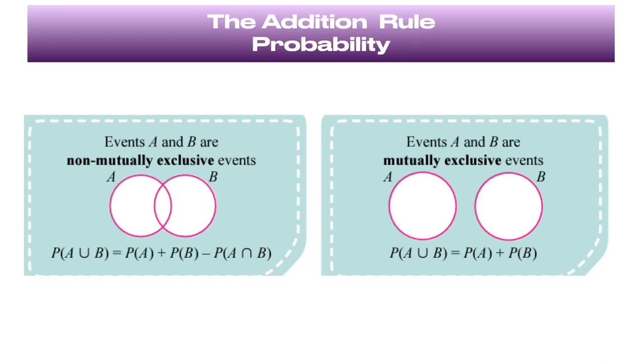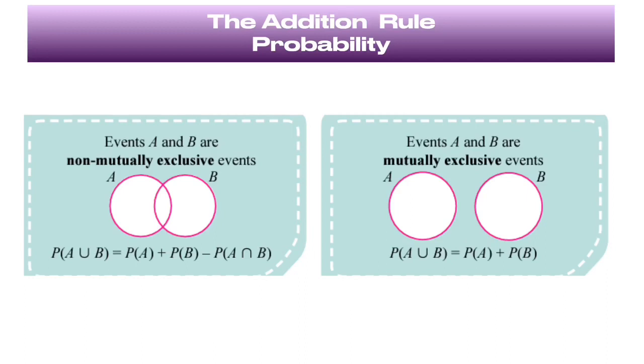The addition rule for probability: event A and B are non-mutually exclusive events, so there is intersection between set A and set B. So the formula for non-mutually exclusive events is P(A union B) is equal to P(A) plus P(B) minus P(A intersect B).